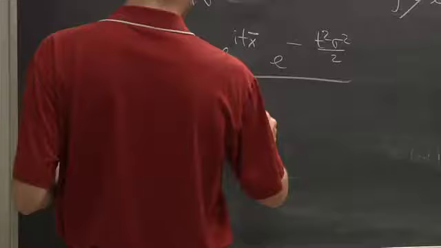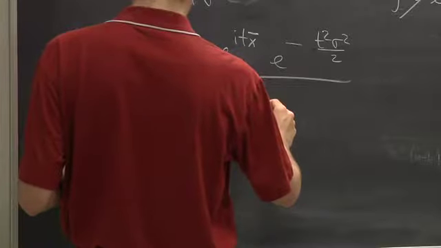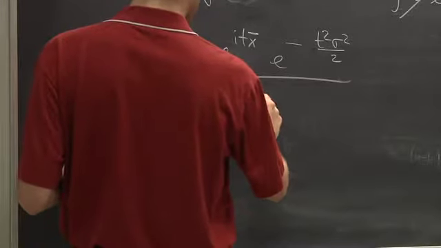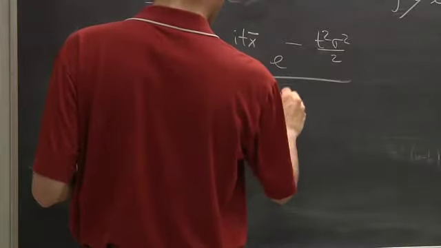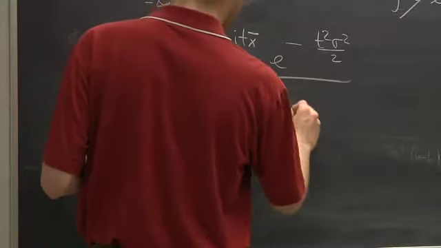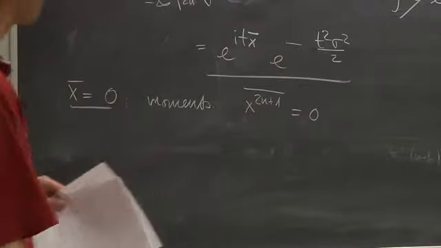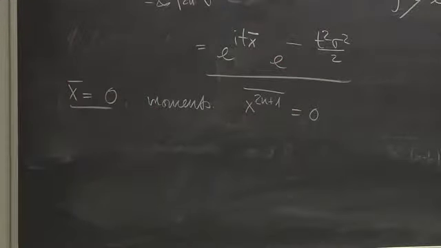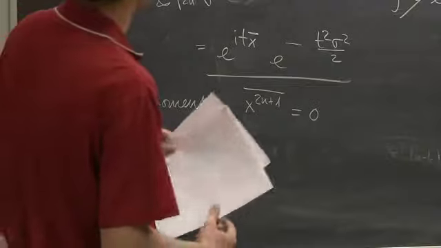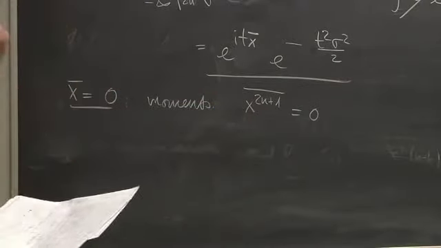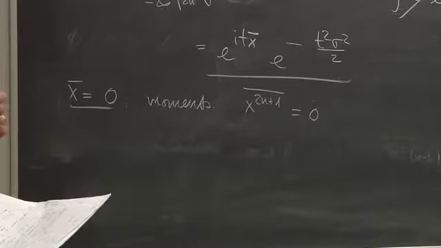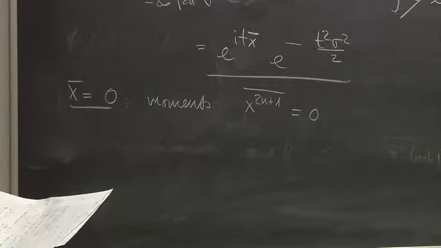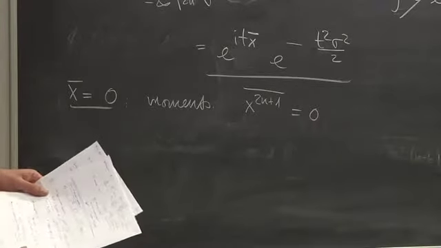Okay, so the first thing that you should immediately be able to show me is that the odd moments are 0. Can somebody argue that? Okay, this one is x raised to 2n plus 1, which is odd.